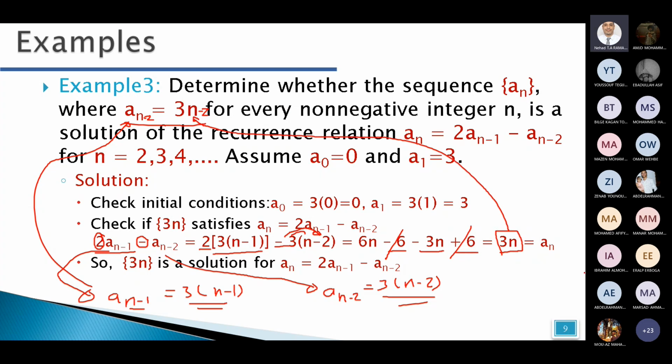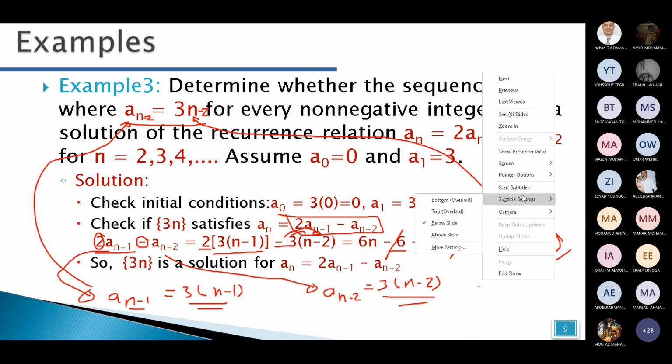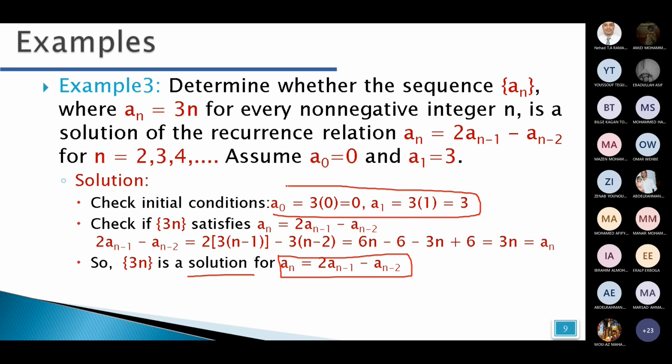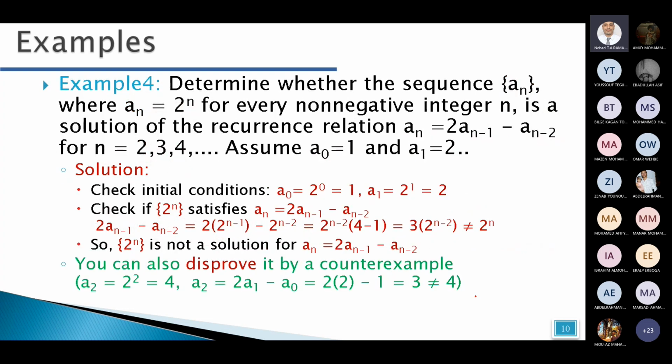It's equal to a_n. So we start from the recurrence relation and we get that it's equal to a_n using the solution. So this sequence is confirmed as a solution for this recurrence relation, and it is also a solution for the initial conditions. So this solution is a correct solution for the recurrence relation.